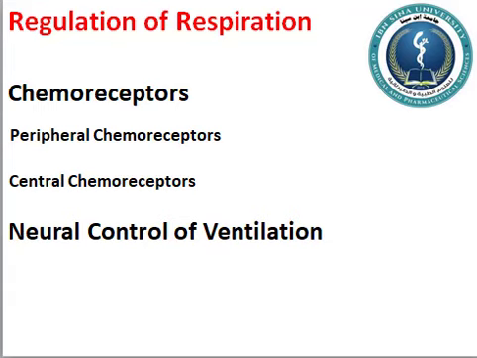parts. Peripheral chemoreceptors are two in number, present in the aorta and in the carotid artery. The peripheral chemoreceptor has a small action, but this small action is direct and mostly depends on the partial pressure of oxygen within the blood vessels, and also on the partial pressure of CO2, and also on the pH.